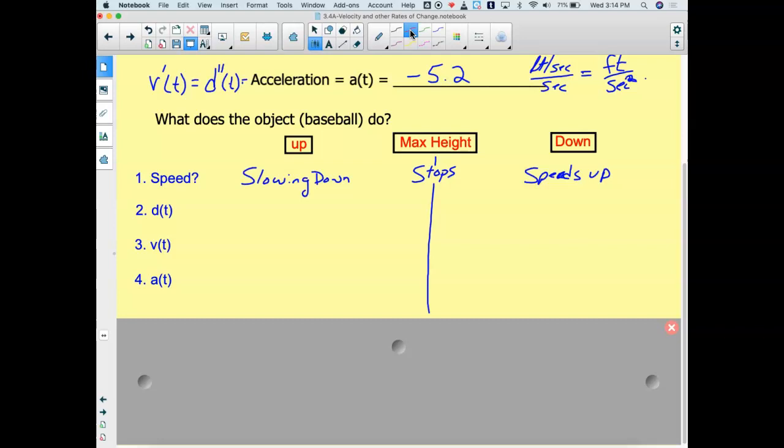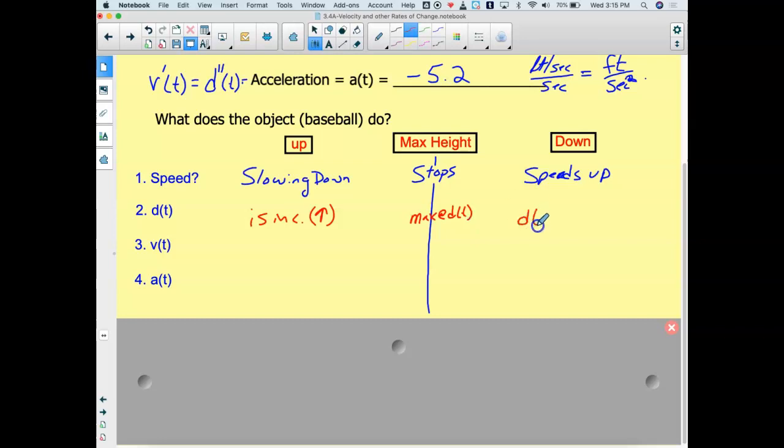It increases to a max, and then it decreases from there.